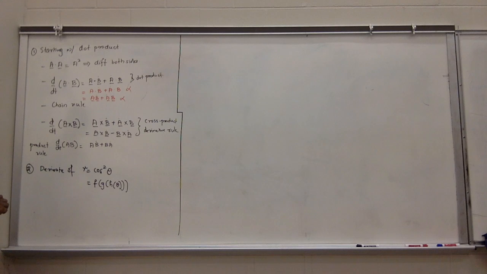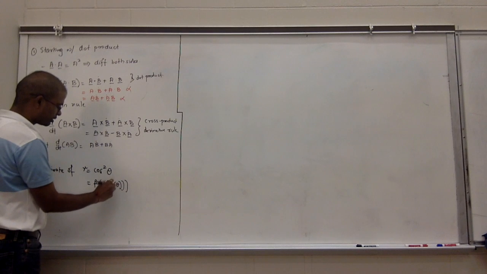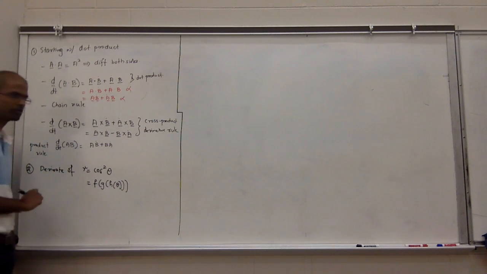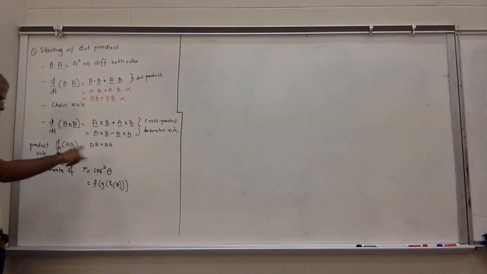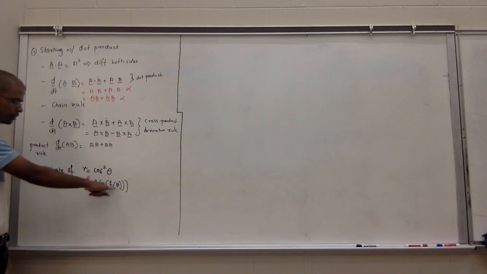You understand why this is so? It's the chain rule. Theta itself is h. Cosine theta is g of h of theta. Cosine squared is f of g of h of theta.